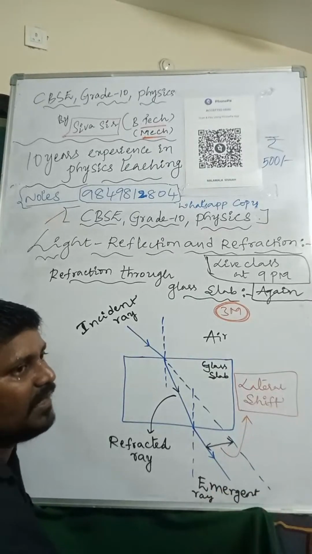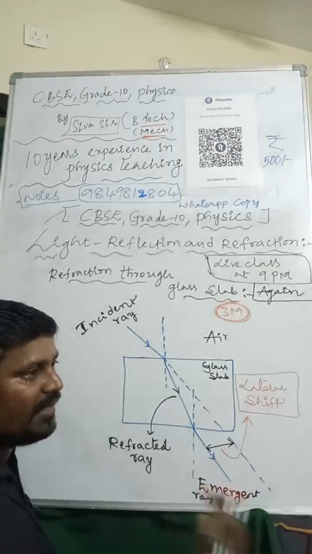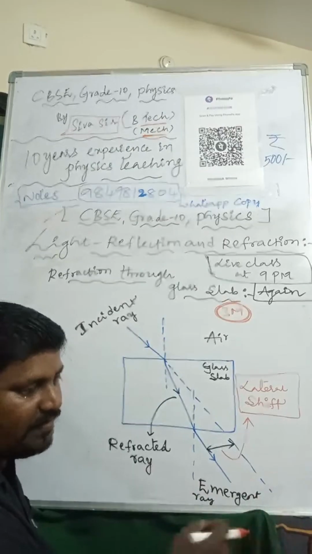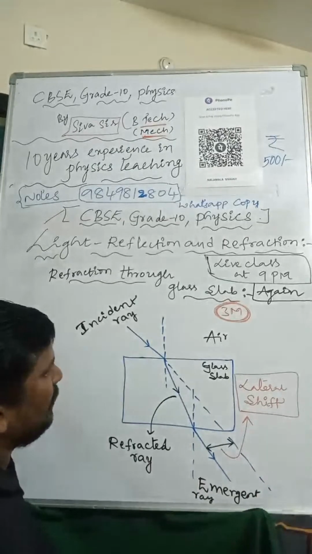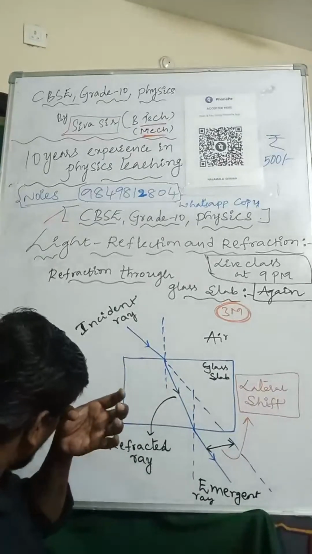Vertical shift means the distance between the actual position and the apparent position.